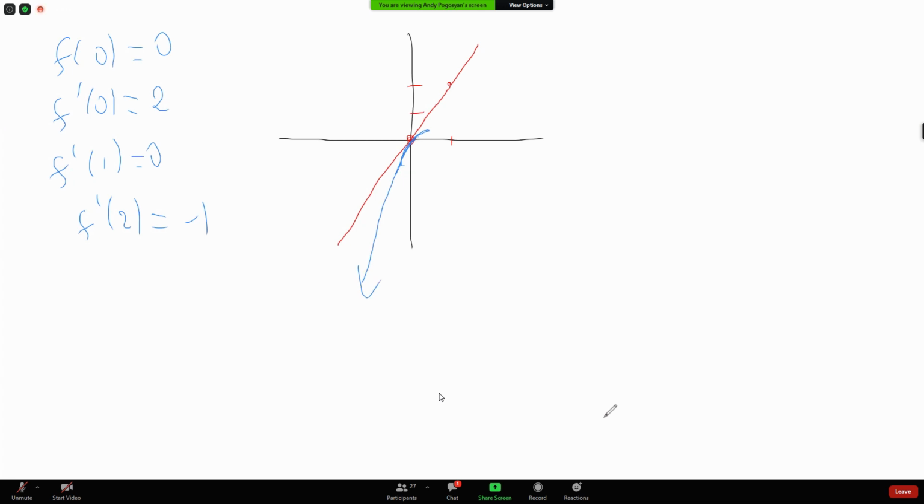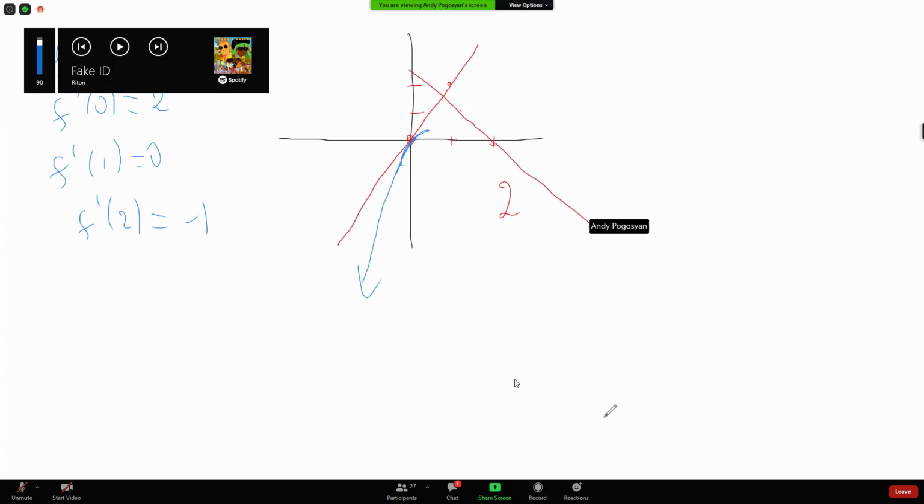Now f prime at 1 is 0, so that means it should be horizontal. At 2 it is -1, so go to the 2: -1 means 1 to the left, 1 up. So this should be the tangent here. So at 1 we have 0, and at 2 it should touch here.